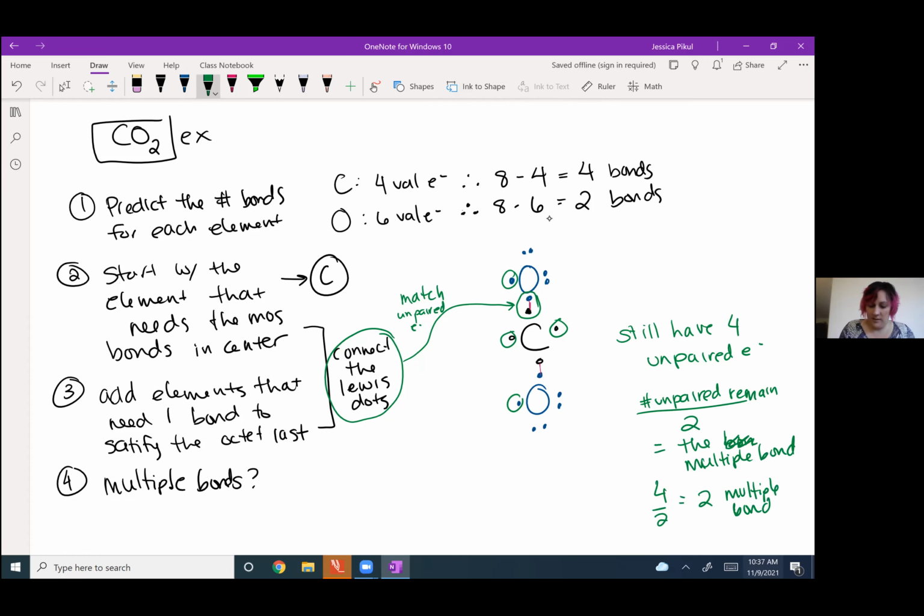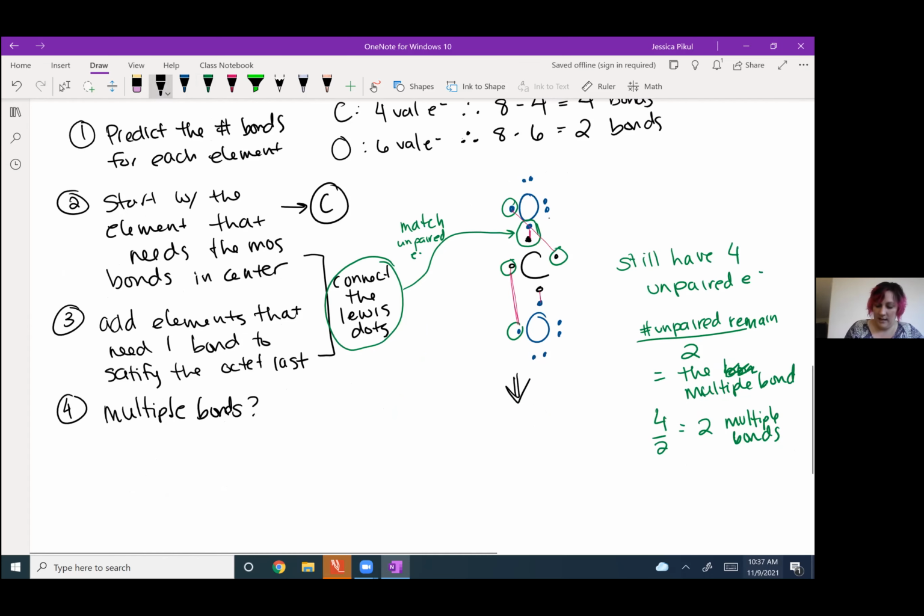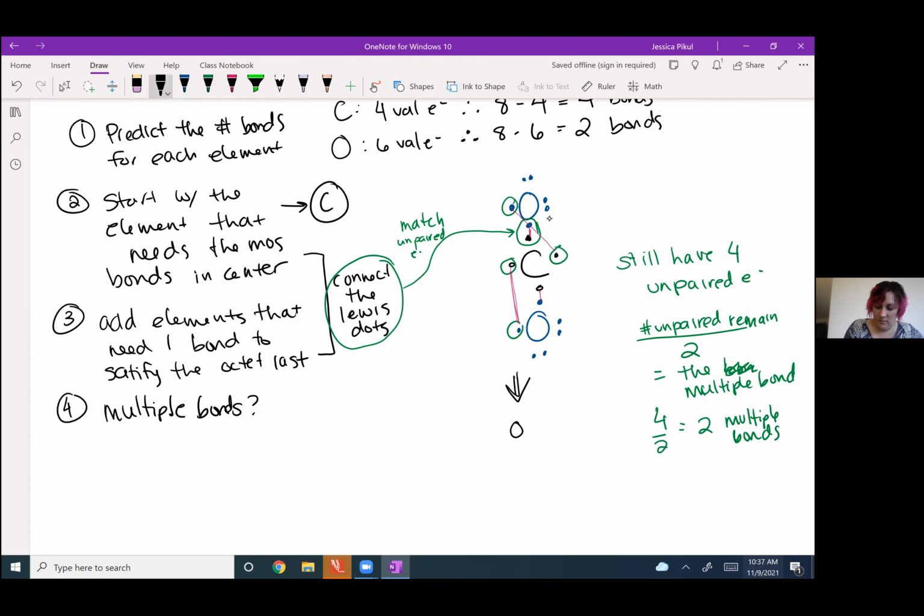So I'm going to use some double bonds. Another way of thinking about it is I'm again connecting the dots, between these 2 unpaired electrons, between the carbon and oxygen, and this oxygen and carbon here. And so I'm going to rewrite this. I'll have oxygen double bonded to carbon, double bonded to oxygen.